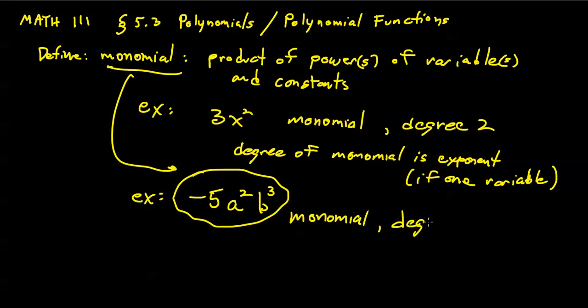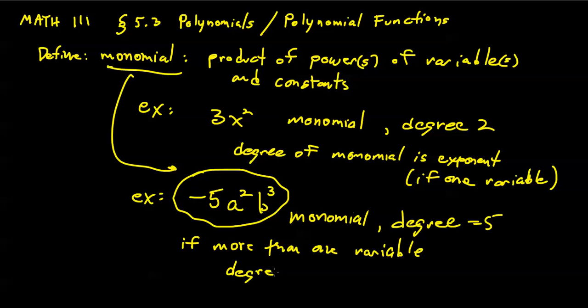Now if a monomial has more than one variable, the degree, as you might expect from this example, is the sum of all the exponents.